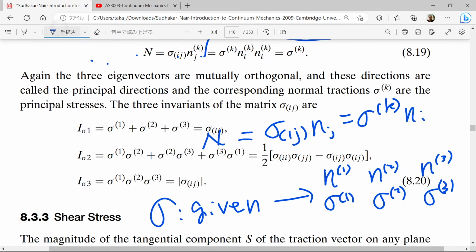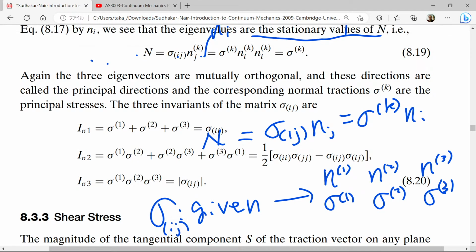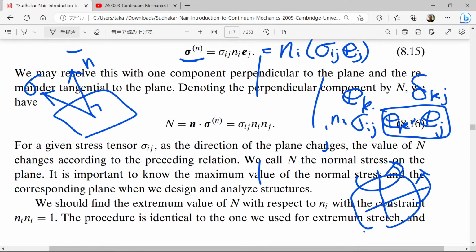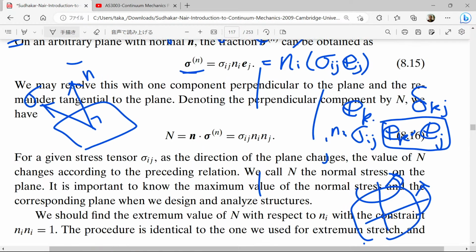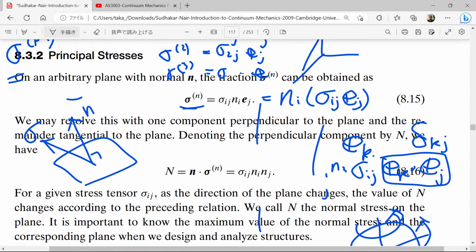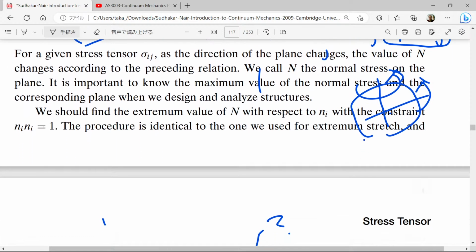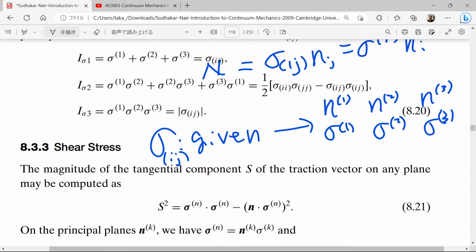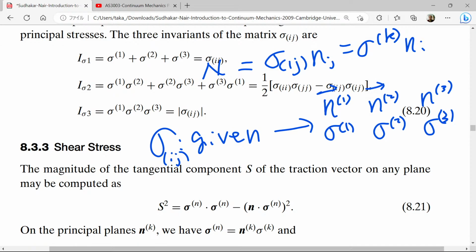What I say is here sigma ij is given, and you have sigma 1, sigma 2, sigma 3. This is a vector, right? So this n is perpendicular, this vector perpendicular.